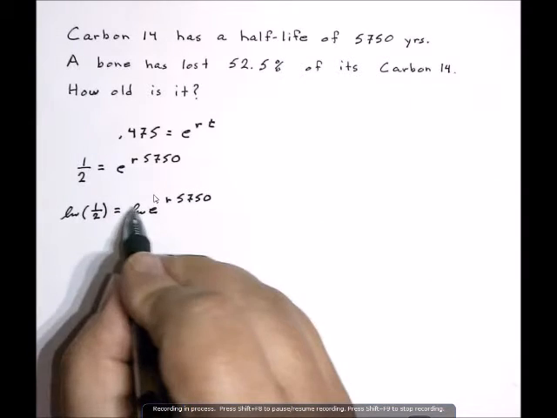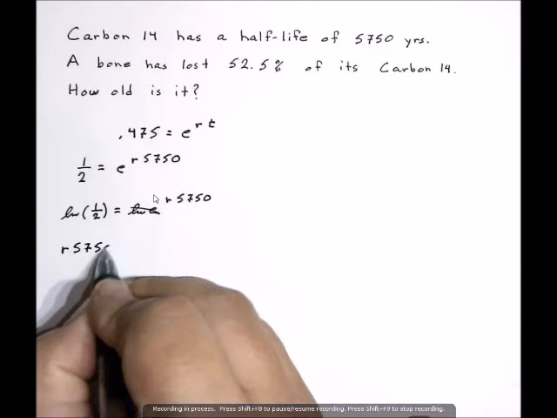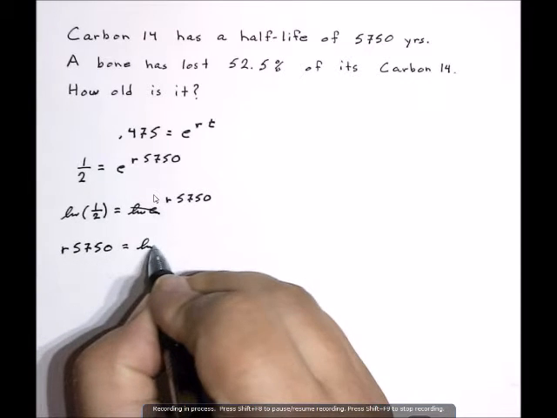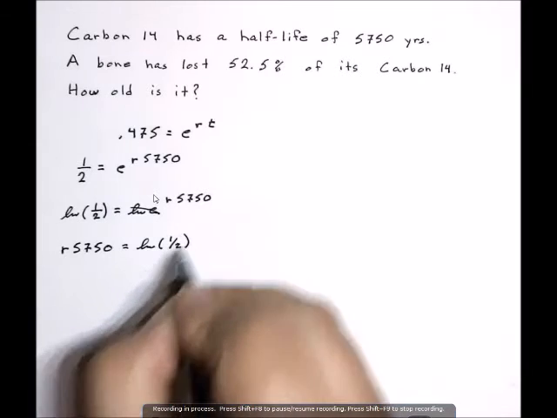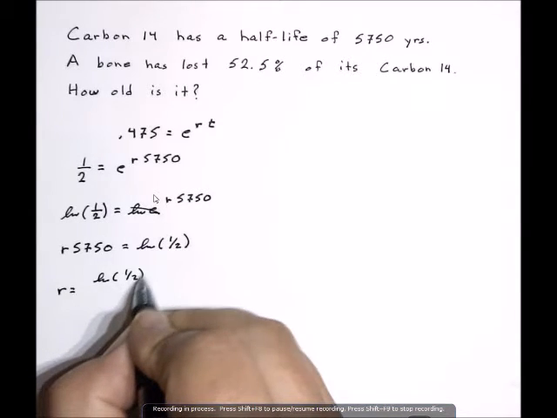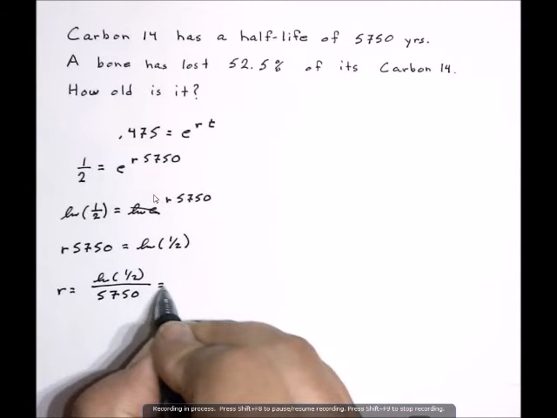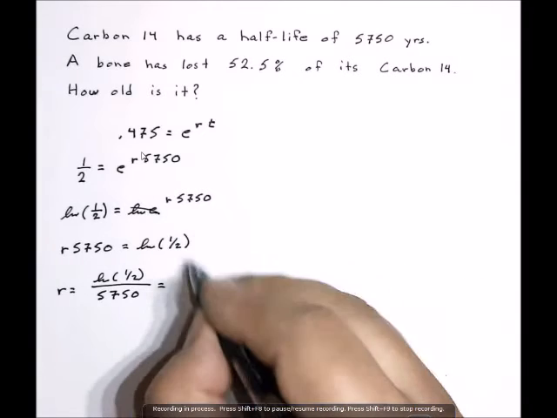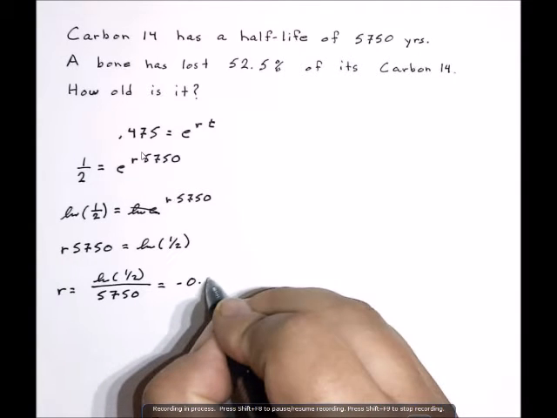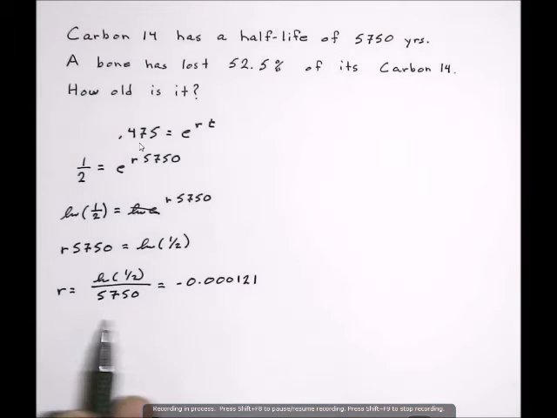They cancel. And I get a rate of the natural log of 1/2 divided by 5750, or negative 0.000121. And that's just this rounded to 6 figures.